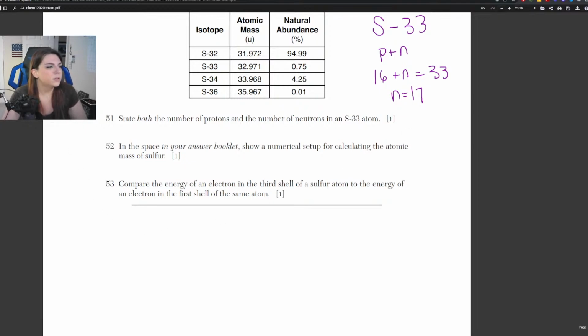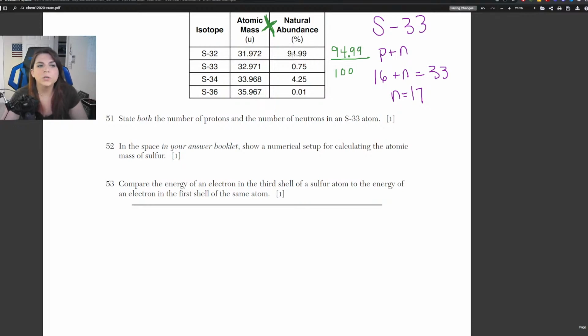How you do this is that you take the atomic mass and multiply it by the percent abundance, but percent already is a fraction. 94.99% really means 94.99 out of 100. That's what it means.